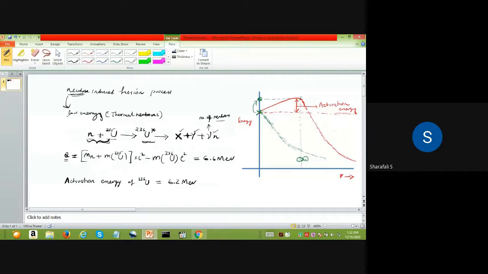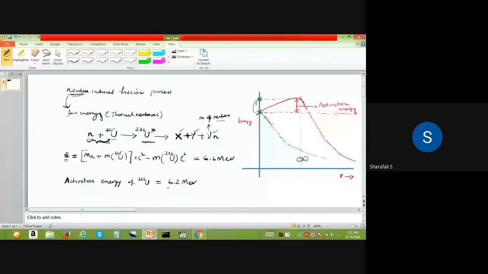This is an average value. This may be 5.8 to 6.2, different models will give you different values. So 6.2 mega electron volt of activation energy, and 6.6 is that excited state energy level.